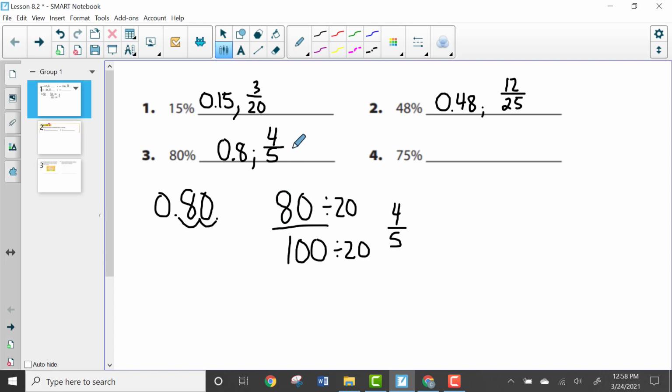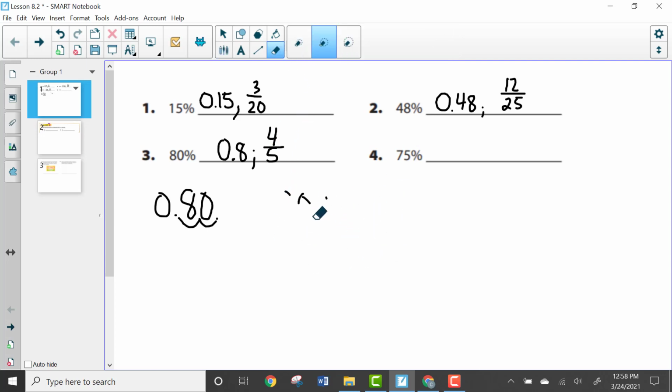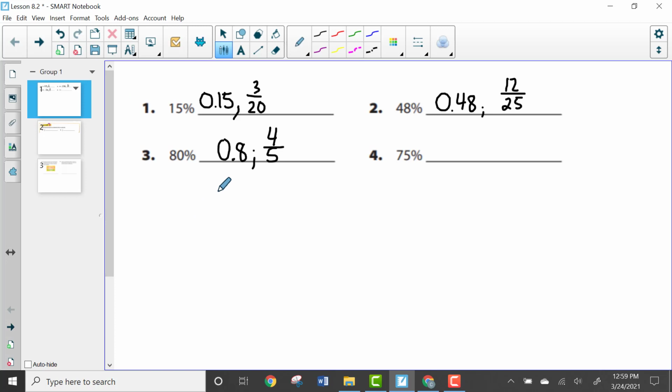So I want you to do number 4 with me. We have 75%. And what you can do is write the number 75 down, understood to have the decimal to the right of the ones place. Move that decimal 2 places to the left. Anytime you're taking a percentage and changing it to a decimal, you always move that decimal 2 places to the left.